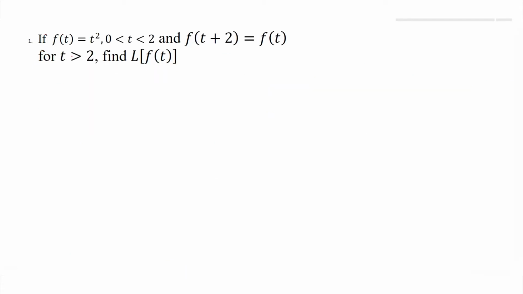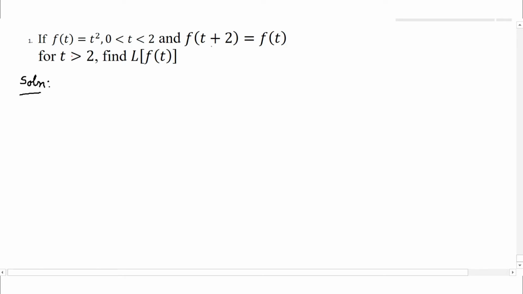The first example: f of t is equal to t square, where the value of t lies between 0 and 2, and f of t plus 2 is equal to f of t for t greater than 2. We need to find the Laplace transform of f of t. First we need to find the period of this function.